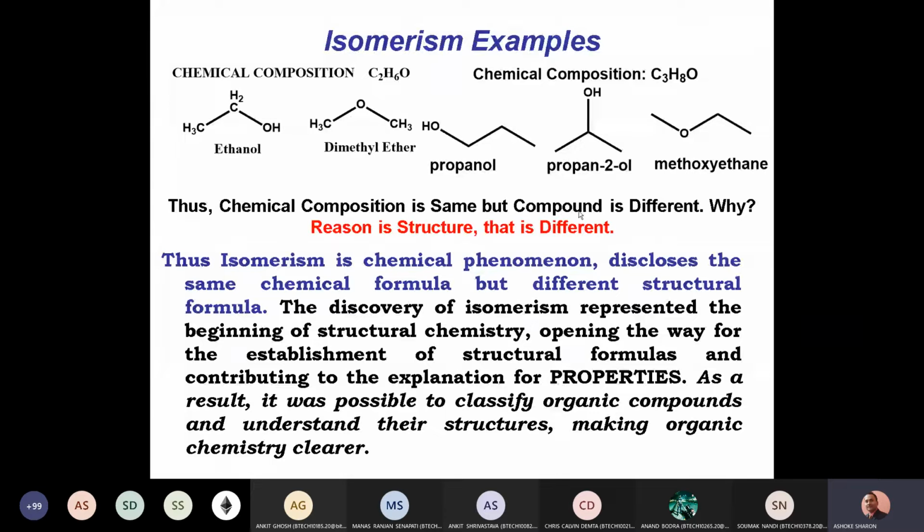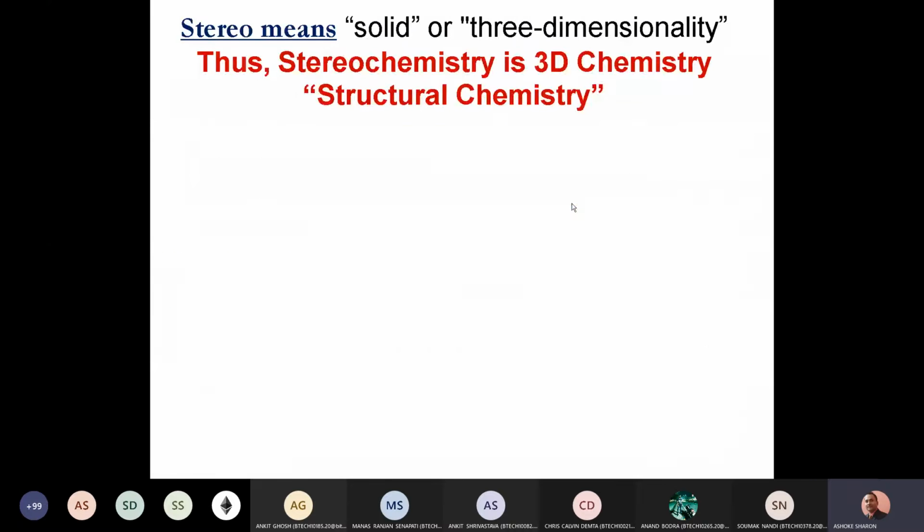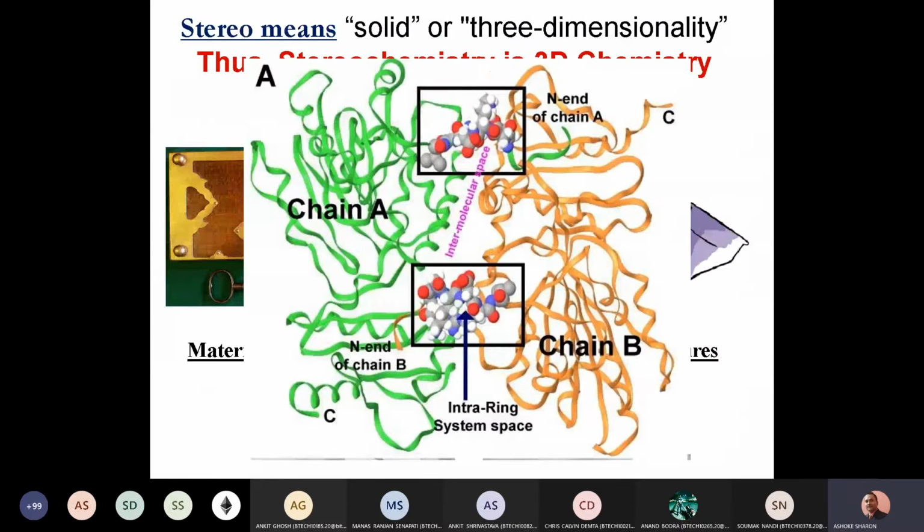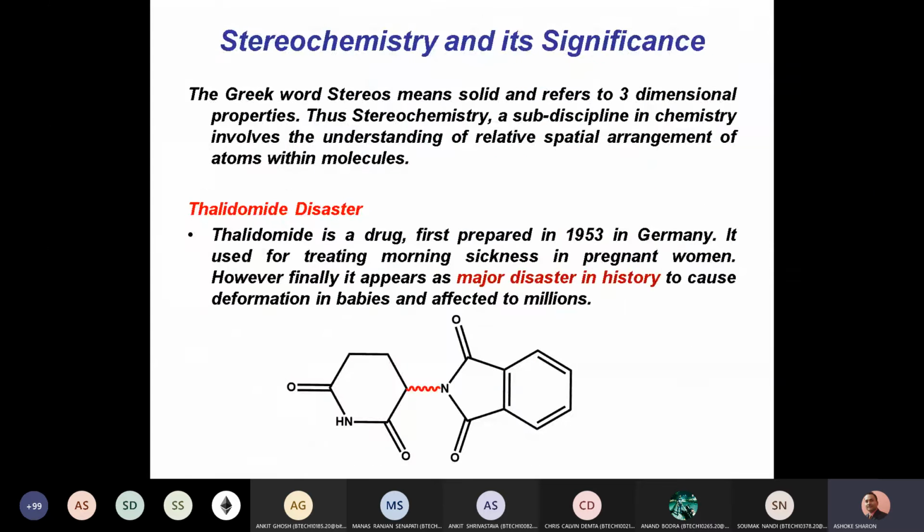So we discussed that, and then we tried to understand why stereochemistry is so important. And then we tried to understand the thalidomide disaster, which happened in history because of the R/S configuration. Due to that, we give weightage to stereochemistry, that yes, we should understand the structural perspectives.